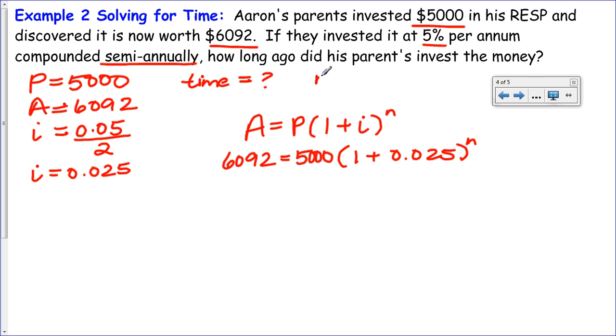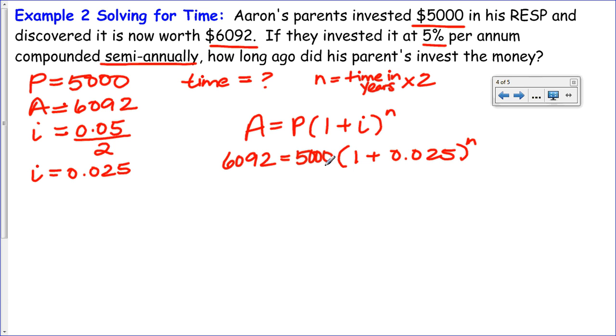Because remember, n is going to be the time in years multiplied by the compounding period, which is 2. So if I can find out n, I'm just going to have to figure out what the number of years multiplied by 2 is that's going to give me that n value.